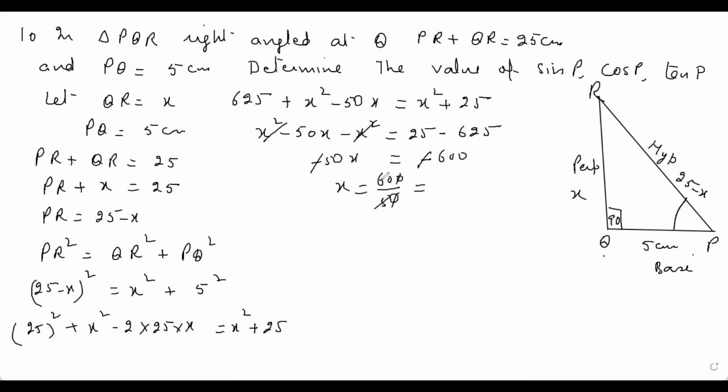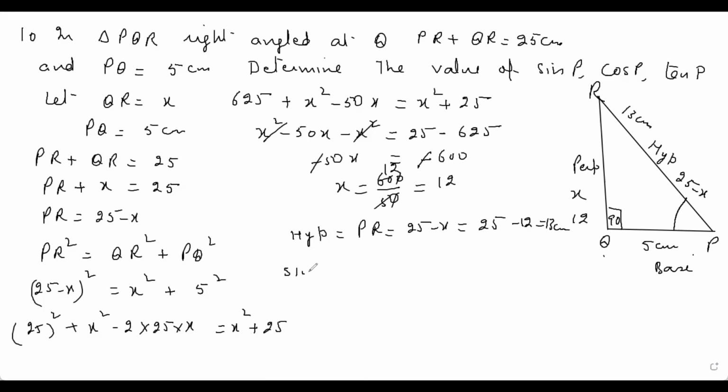That is equal to 12. It means perpendicular is equal to 12. And hypotenuse, which is PR, is equal to 25 minus X. It means 25 minus 12 is equal to 13 centimeter.